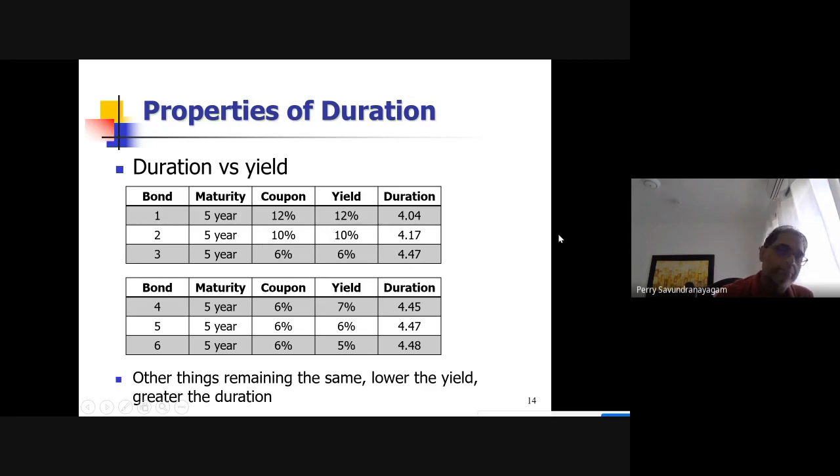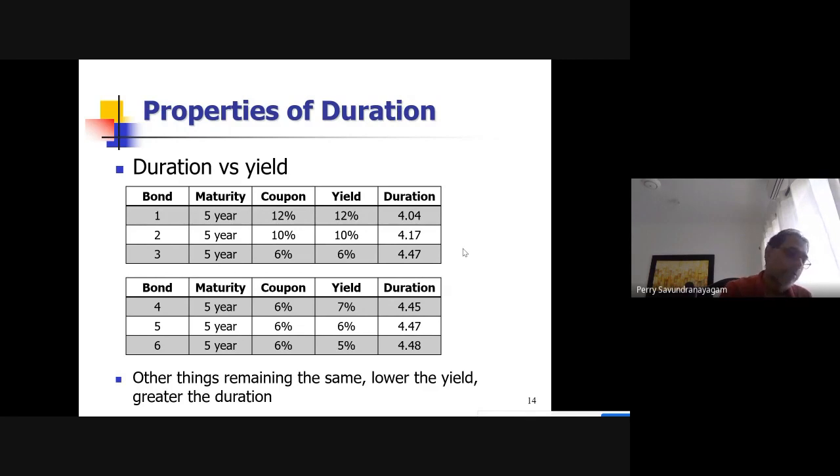Look at it this way, 1% change on 12% is how much effectively? It's about a 8% move on the bond. A 1% change on 6% is how much? About a change of effectively about 10 to 12%, right? You agree?